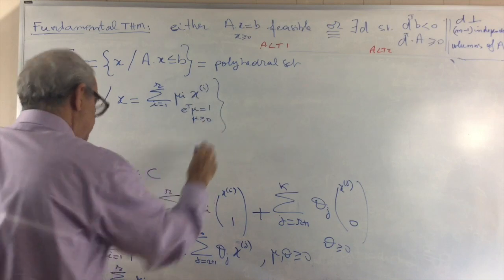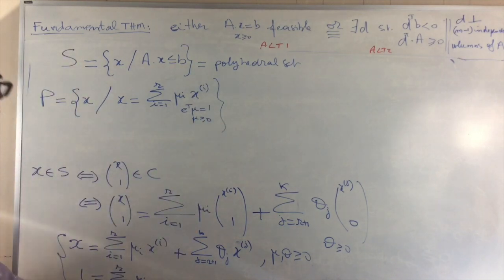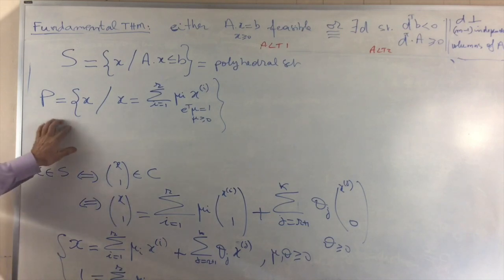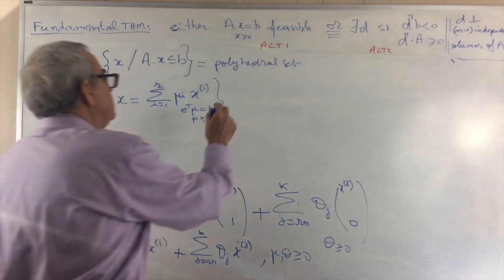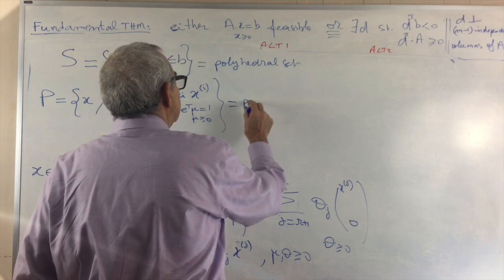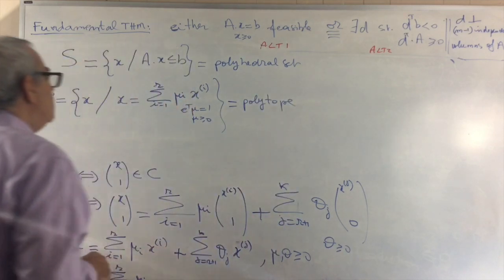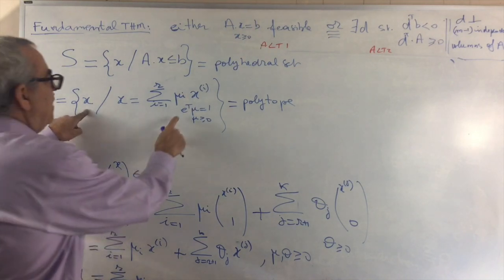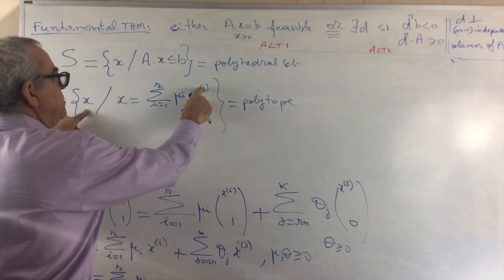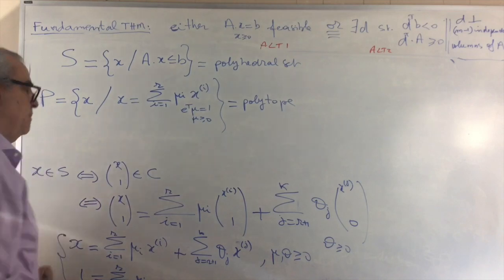The sum of the mu_i is 1, so that's e transpose mu equal to 1 and mu greater or equal to 0. So this is a polytope, because any x is a convex linear combination of a finite set of vectors x_i.